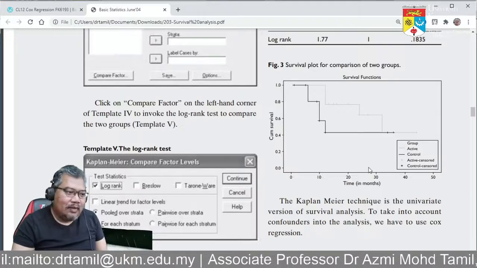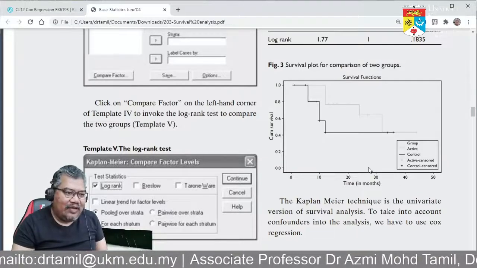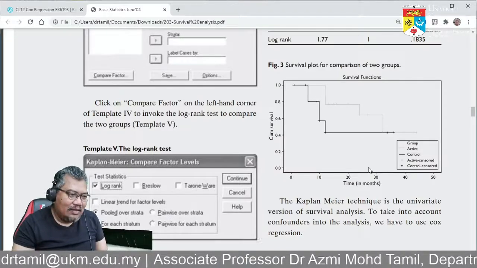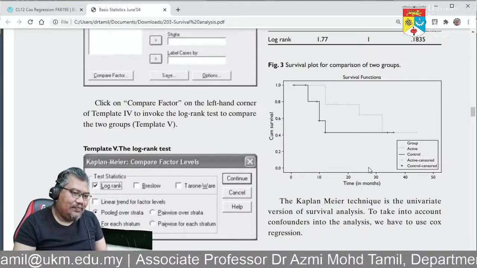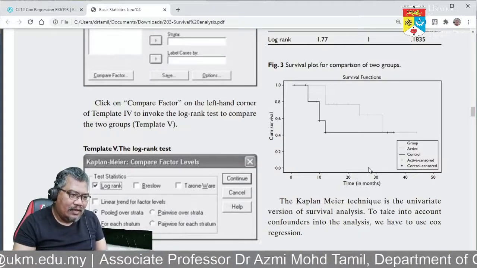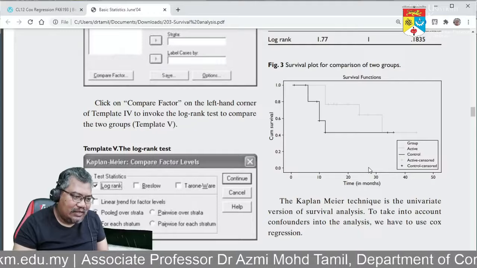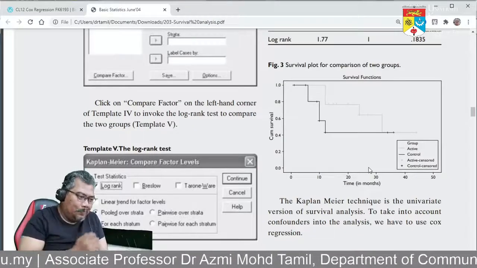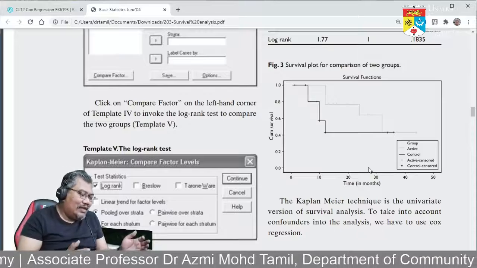What we have done just now, we have proven that everything is significant. The lymph node is significant, the tumor size is significant, the presence and absence of estrogen and progesterone receptor is significant.